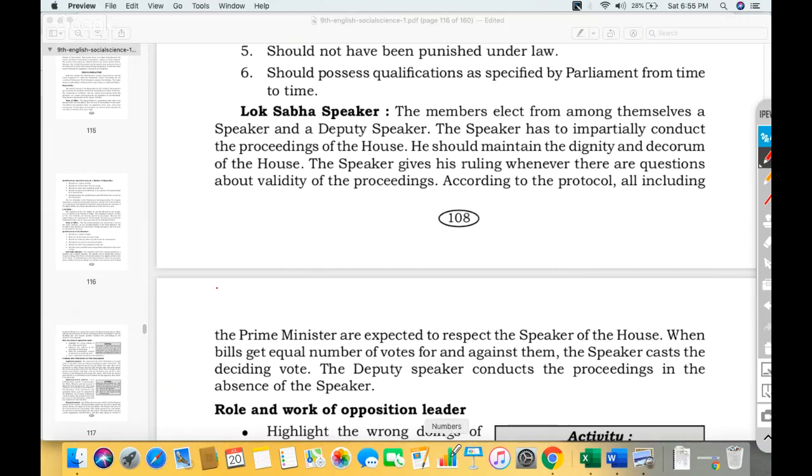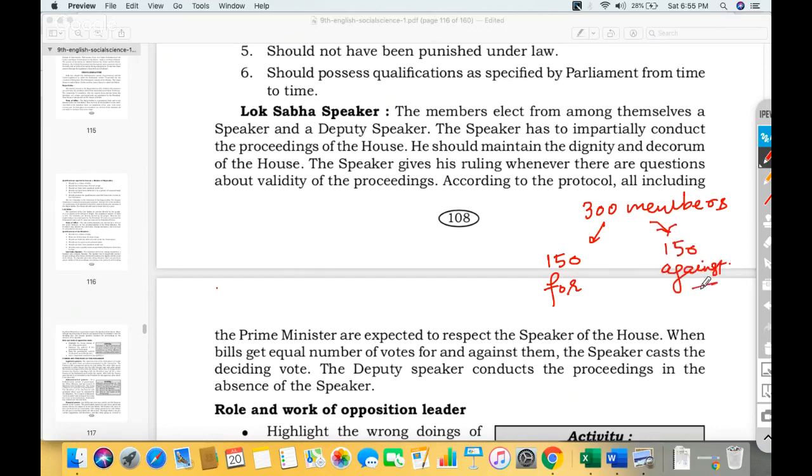When a bill gets an equal number of votes, this is a very important line which I am reading now. Try to understand, if there is a bill and 300 members are participating in the discussion, it may happen that 150 votes are in support of the bill and 150 votes are against it.